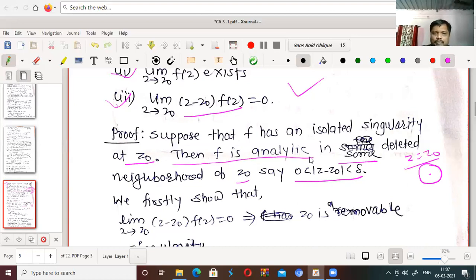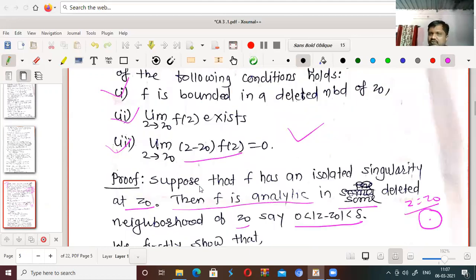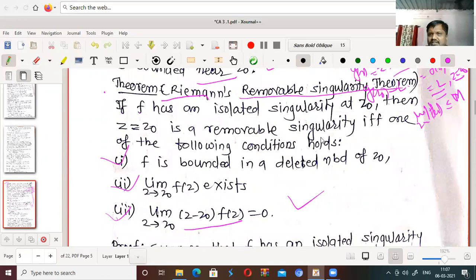Okay. Now, first of all, we show that if the limit as z tends to z0 of (z minus z0) into f of z equals 0, then z0 is a removable singularity. So that is the third case we are going to prove. Suppose that this is satisfied, and prove that the singularity is removable.